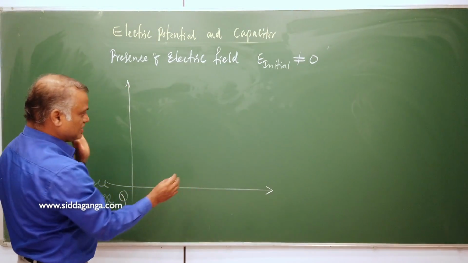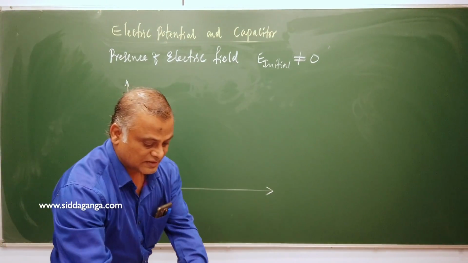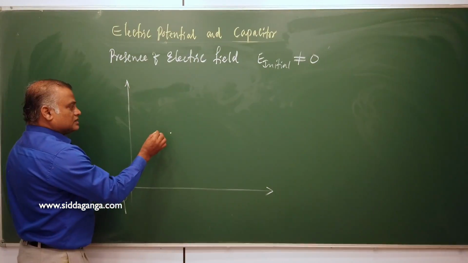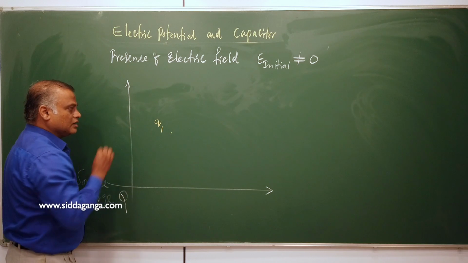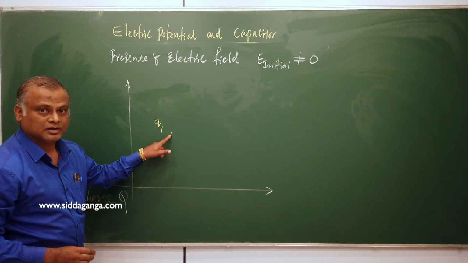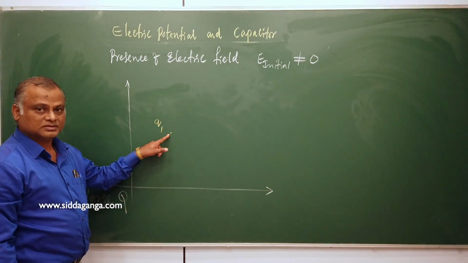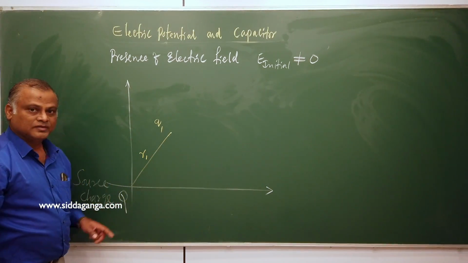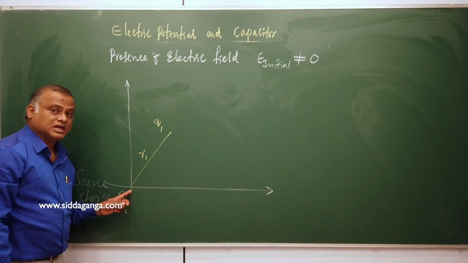I have taken some reference here. So if I place a charge here, say this Q1 has to occupy some space here. How far? Let us say it is at a distance R1 from the source charge.